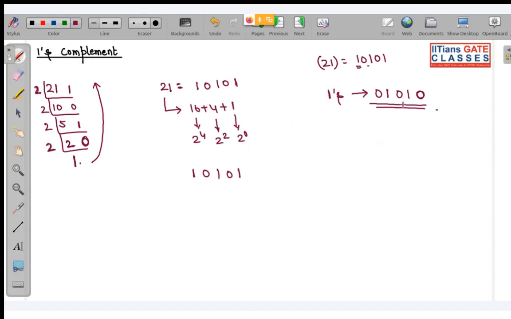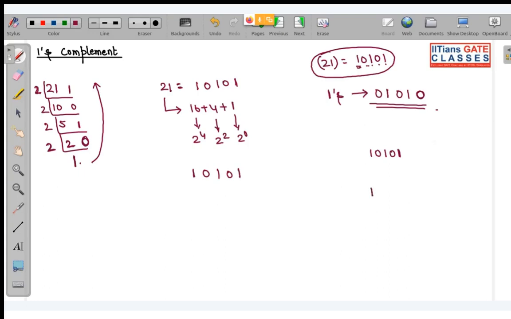Basically, one's complement means what? This number is a 5-bit number. What is the maximum 5-bit number possible in binary?